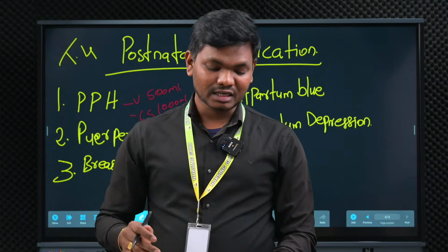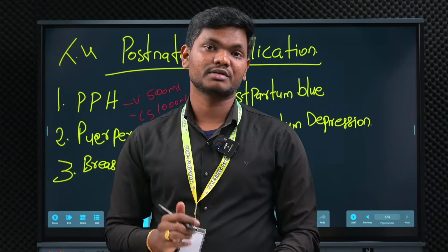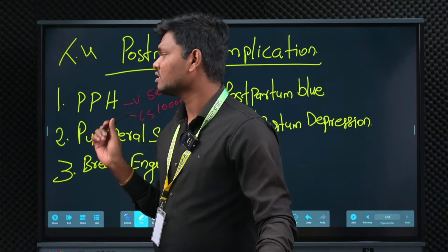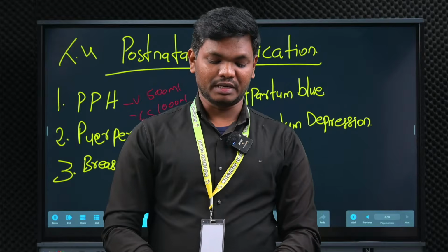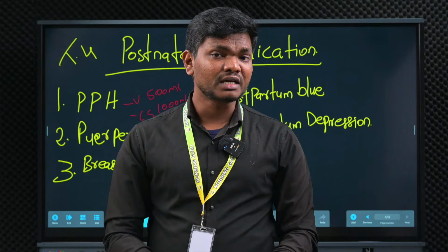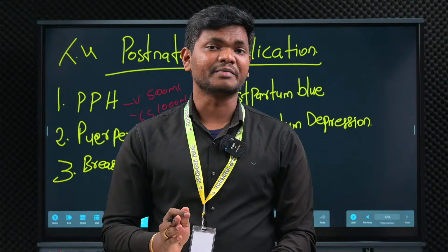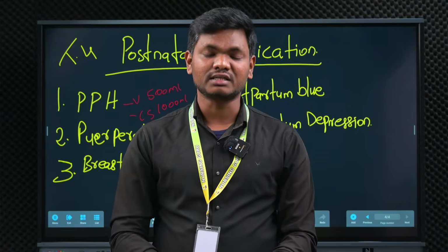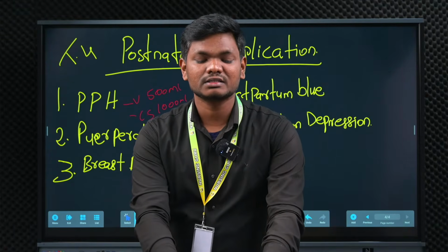The other drug includes misoprostol, which you can also administer to a mother who has PPH. Then blood transfusion: if there is heavy blood loss and the mother requires it, you can immediately start the blood transfusion. The next one is surgery.